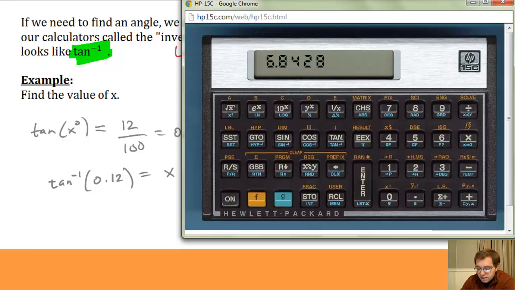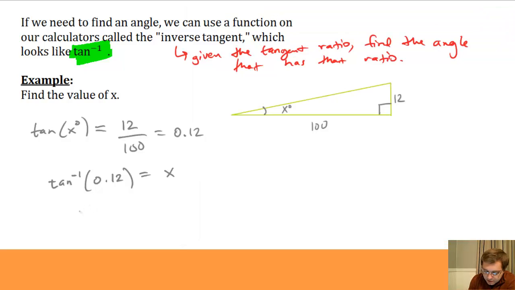I'm going to click that, and it tells me it is about 6.8428. Again, that's an approximation, but if we round it to say 1 decimal point, we'll get that x is approximately, instead of actually putting equals, we should put this squiggle equals, which means approximately 6.4. In this case, degrees, because x was an angle.